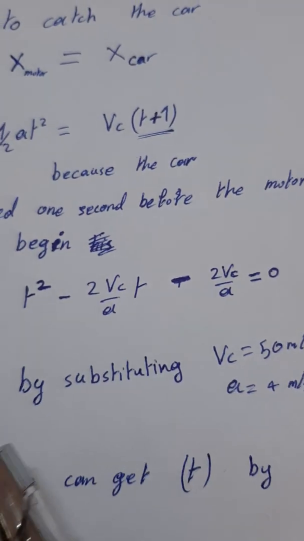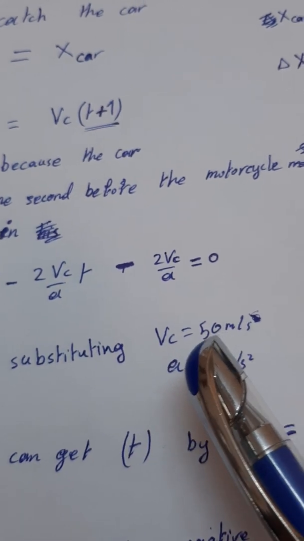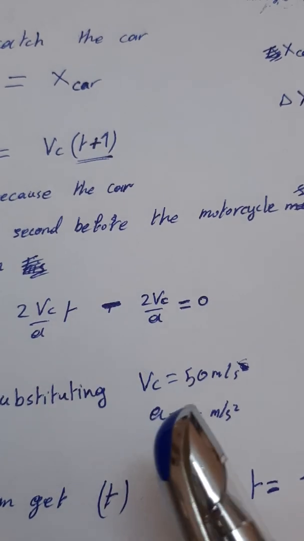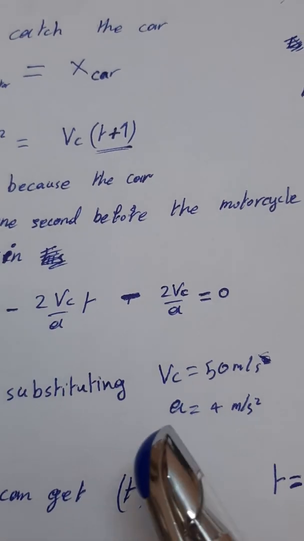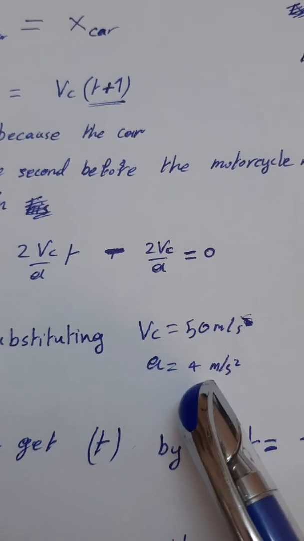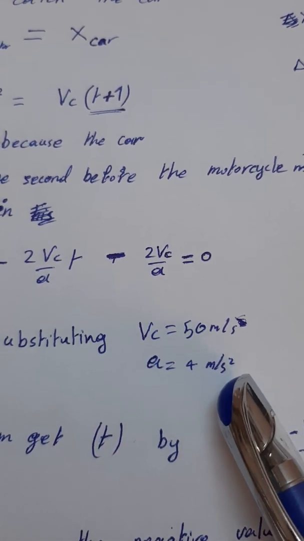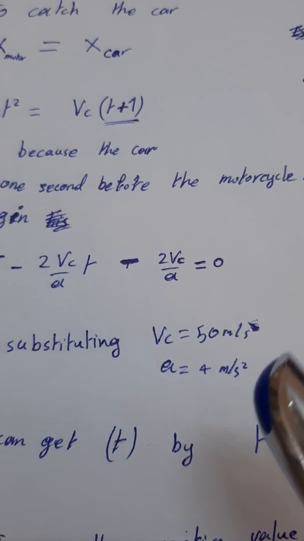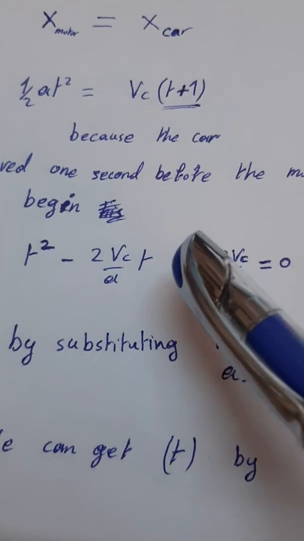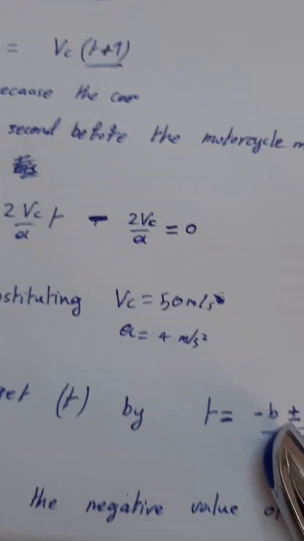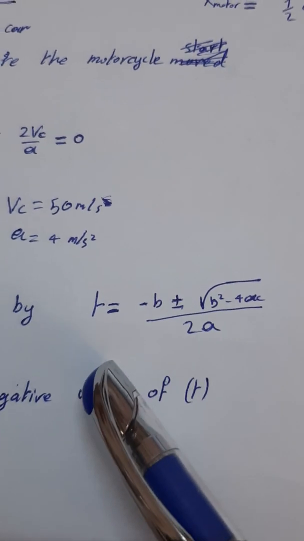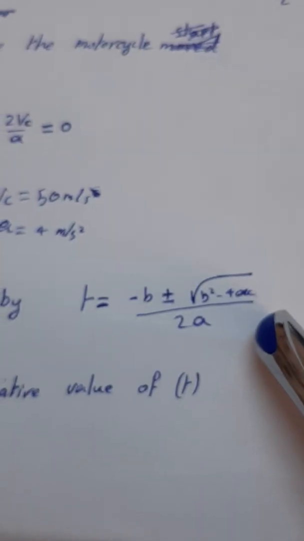Now by substituting vc equals 50 meters per second, the velocity of the car, which is constant, and a is the acceleration of the motorcycle, which equals 4 meters per second squared, we can solve it by the general law for a quadratic equation in this way.